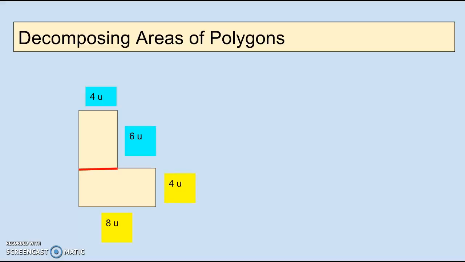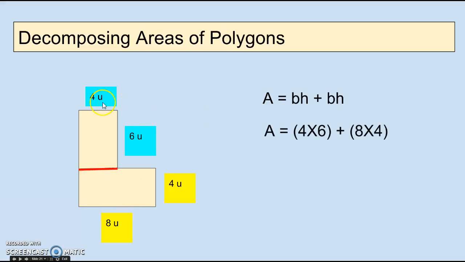Give it some measurements. So we have area of a rectangle plus area of a rectangle. Replace the variables. Okay, so here we have a base times a height, 4 and 6. And for the second rectangle, the base and the height, 8 times 4. Solve parentheses and add. So this figure has an area of 56 square units.